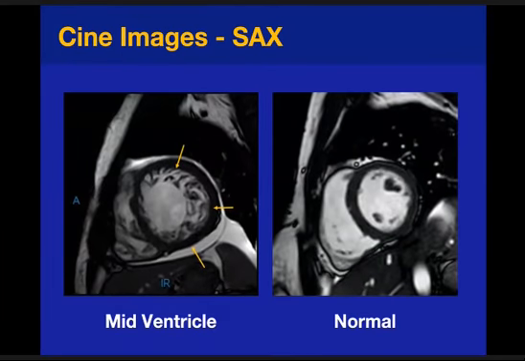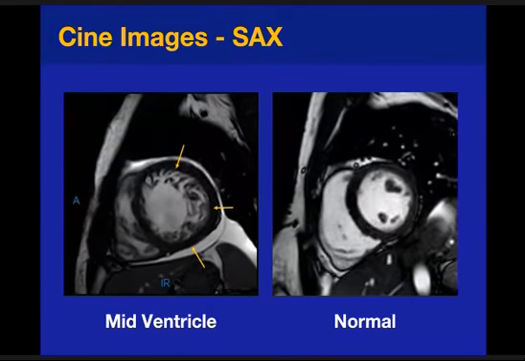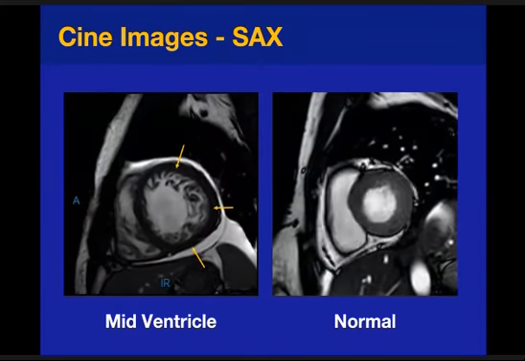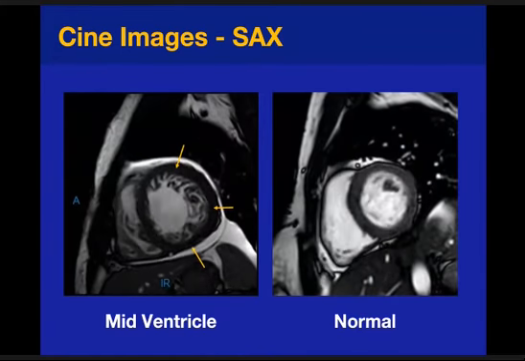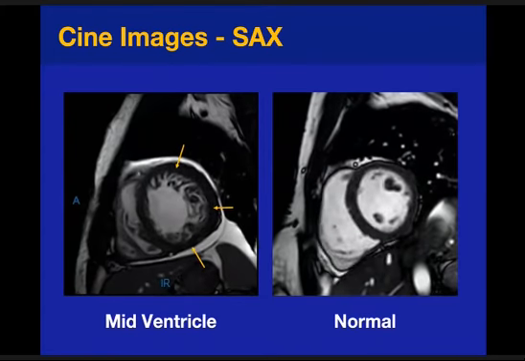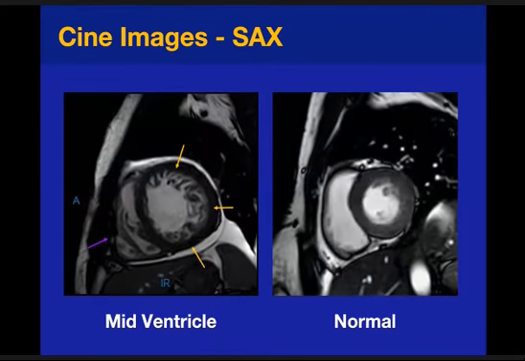Again, we see the prominent trabeculations. You can see them on the anterior, lateral, and inferior walls. These trabeculations have spaces or recesses, where you can see there's blood flowing in between. And you can also see the same trabeculations in the right ventricle.